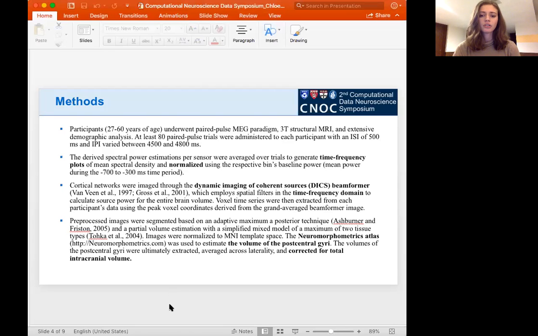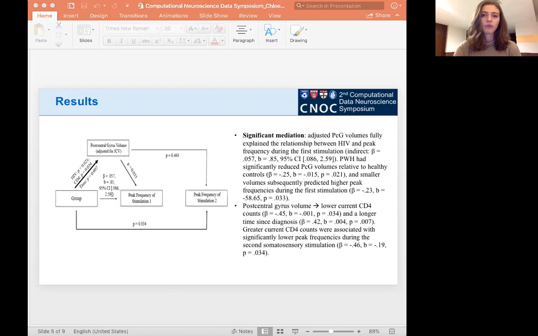As for our results, we applied our data to a full mediation model. And as seen to the left, persons with HIV had significantly reduced postcentral gyrus volumes relative to healthy controls. These smaller volumes subsequently predicted higher peak frequencies in response to the first somatosensory stimulation, although this was not seen after the second stimulation.